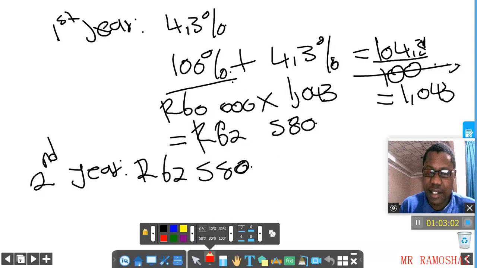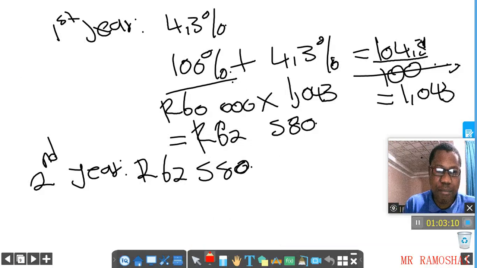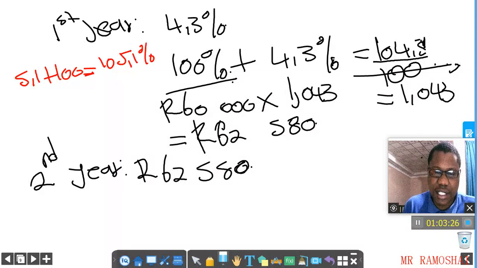We want to avoid the situation whereby we take this 62, multiply by 5.1%, and then add it back. So we're going to say 5.1 plus 100 is equal to 105.1%.